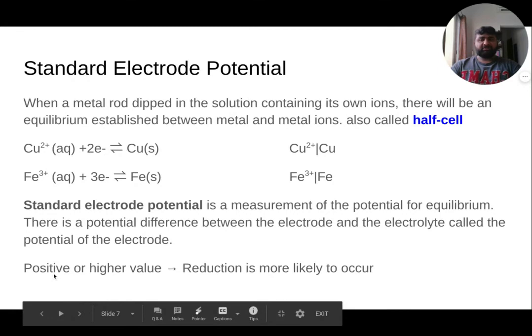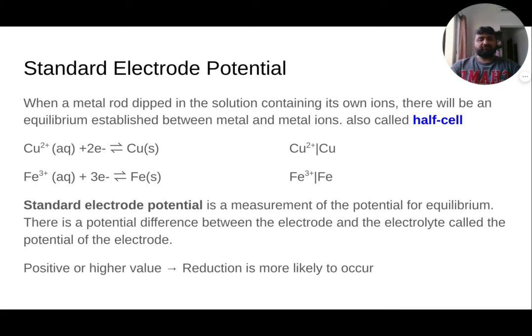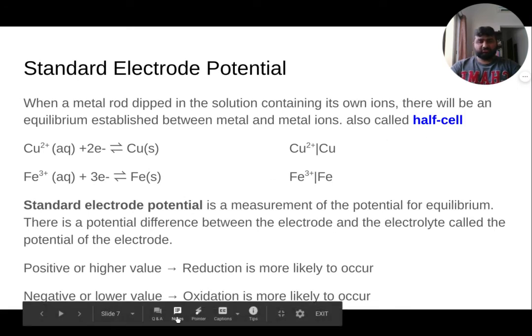If you get a positive or higher value, reduction is more likely to occur. Reduction means gaining electrons. And if you get a negative or lower value, oxidation is more likely happening. This is the most important part. A positive or higher value goes to reduction, a negative or lower value goes to oxidation, because it is an equilibrium and at one time one will happen.